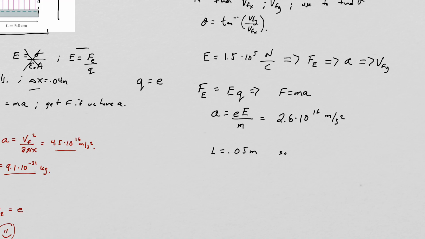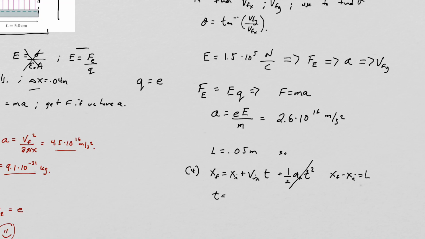because we know that by equation 4, x final is x initial plus v initial in the x times t plus 1/2 acceleration in the x t squared. But this piece goes away because we're not accelerating at all in the x direction. X final minus x initial is the length.